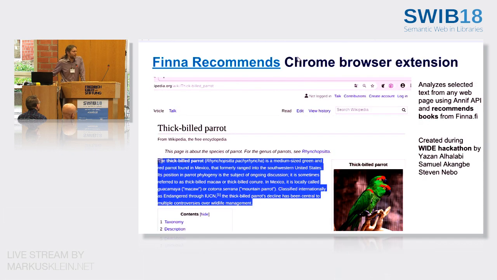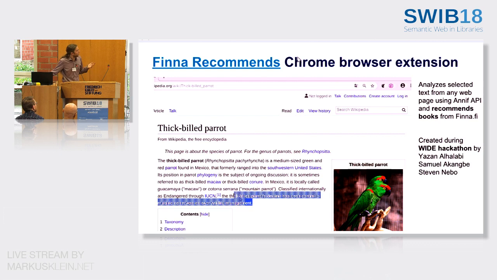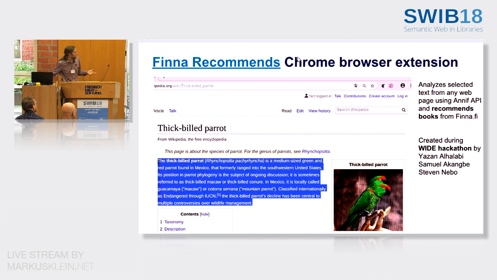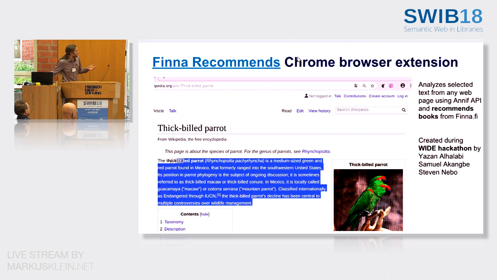Okay, then we organized a hackathon recently at the National Library, and there was a competition to make the best product. And this was the winning entry. It's a Chrome browser extension called Finna Recommends. And the idea is that you have to install it first, of course, but you get this button in your browser.